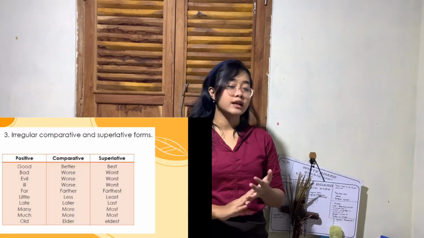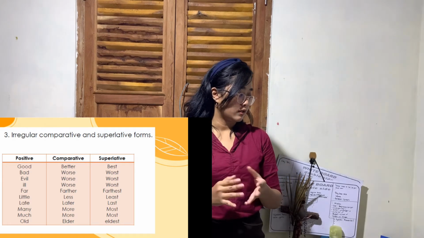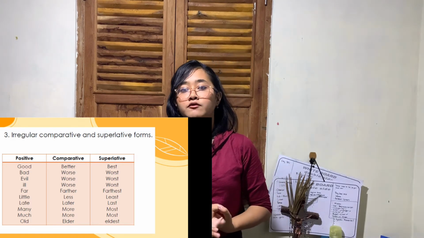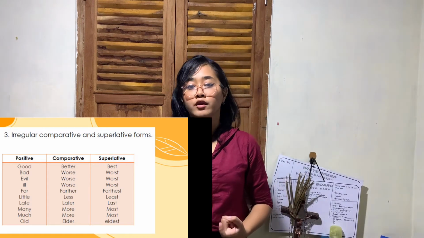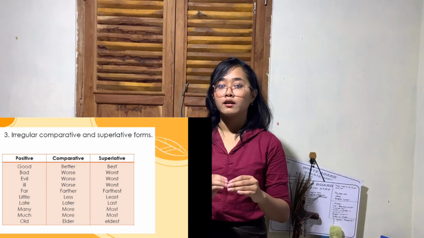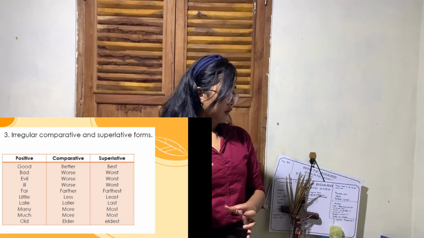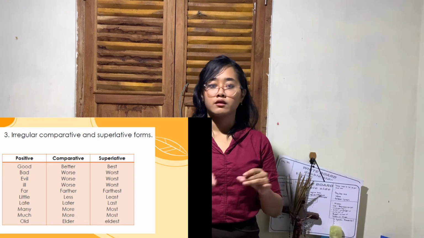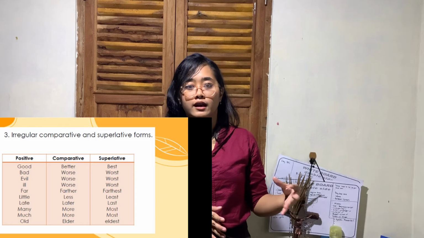For example, the base form good. Good is the base form of the adjective, and if it changes into the comparative or superlative form, it becomes better in the comparative and best in the superlative form. So it's very different from the base form of the adjective, like that.